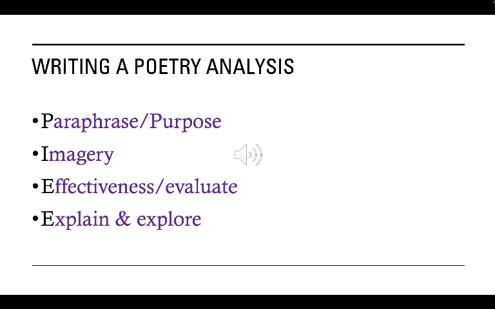We then have to give our opinion on whether the poet was effective in using these images. We can further elaborate with our explanation as to why it is effective and what the poet means through exploration. Right, now that we know how this works, we can implement it in our example for Sonnet 130.